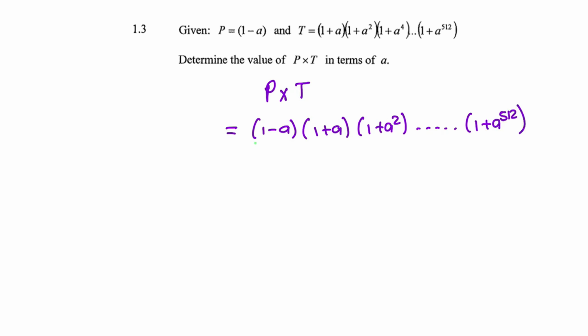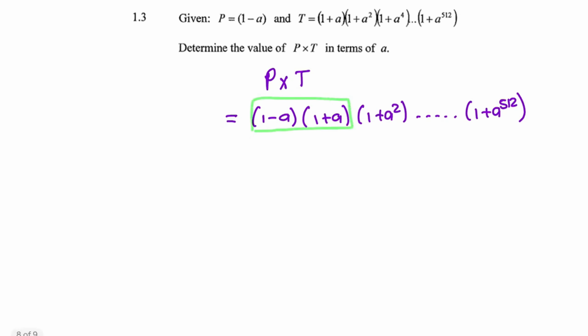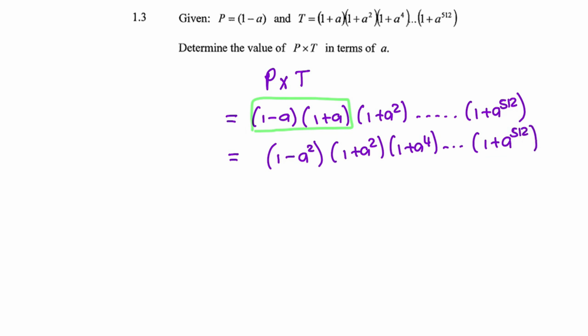And if I focus on the first two brackets, I notice that that creates a difference of 2 squares. So that will become 1 minus A squared times 1 plus A squared times 1 plus A to the power of 4, all the way to 1 plus A to the power of 512.